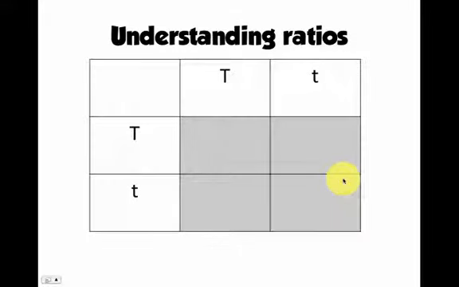So let's have a look at some ratios that we get. Now, again, I've gone with the tongue rolling, and these individuals here are from F1, so the first generation after you've crossed the parents. All right, so both of them are heterozygous. When we cross those together, this is what we get. So we've got this genotype here, homozygous dominant.